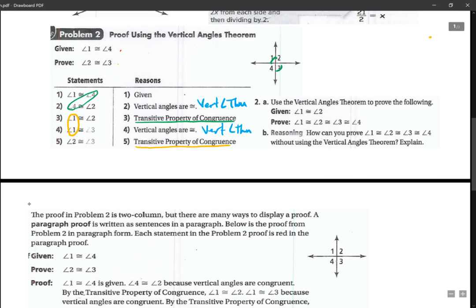We know 1 is congruent to 3, and we know 4 is congruent to 2, right? Vertical angles theorem again. And then, what can we say?